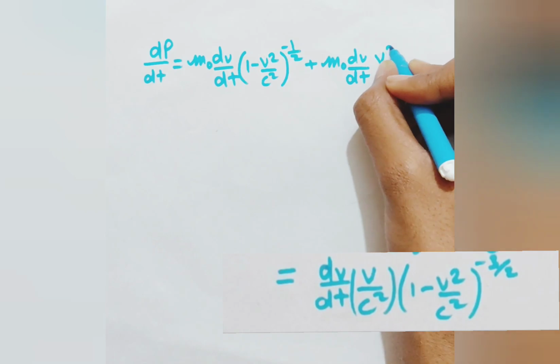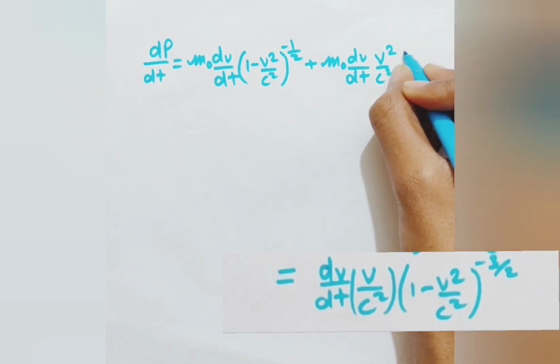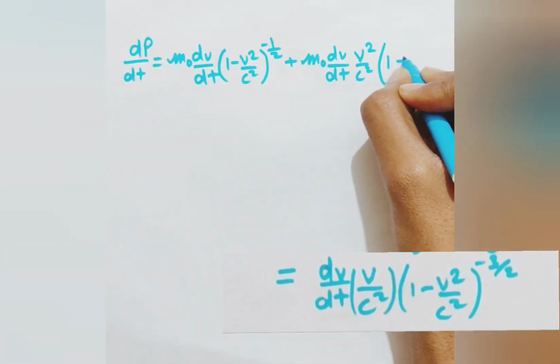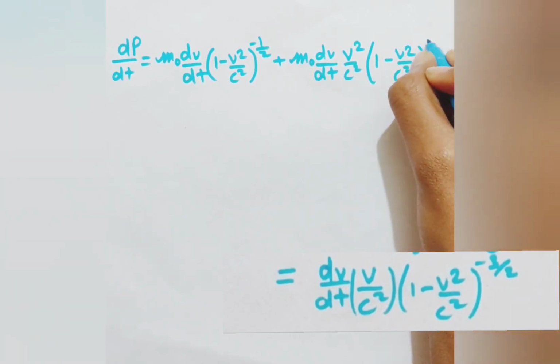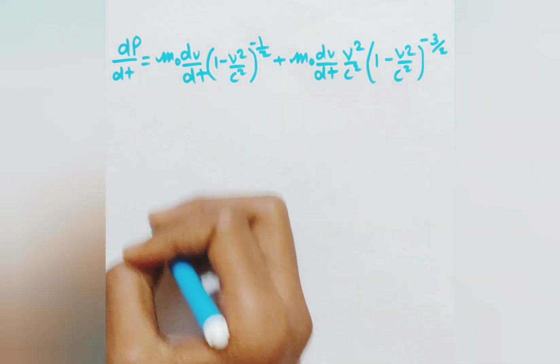So v times v squared divided by c squared multiplied by 1 minus v squared over c squared to the power of negative 3/2.